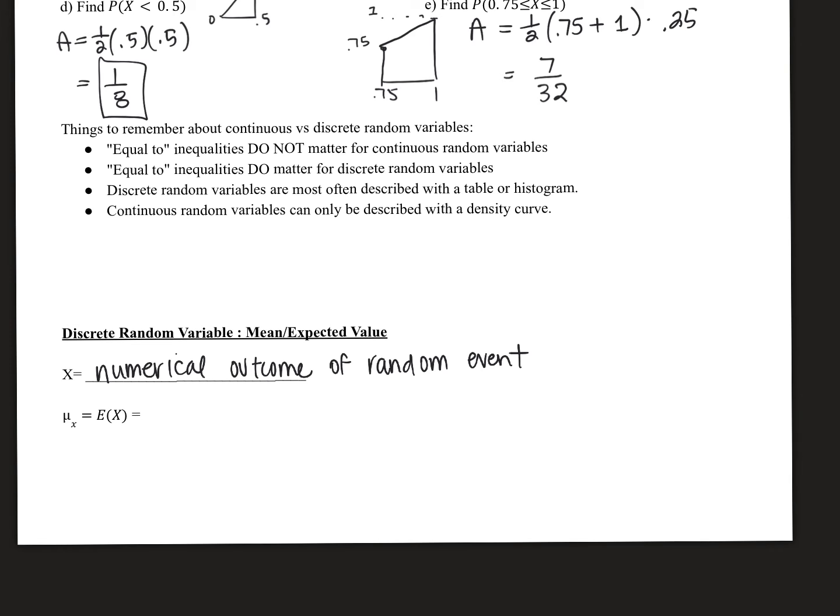In order to find the mean, which we also represent as E of x, we call that the expected value of x when many trials are run. So you're going to see the words find the mean, and it means the same thing as the expected value. You might also be told find the expected value, and it means the same thing as finding the mean. These are very interchangeable words for discrete and continuous random variables.